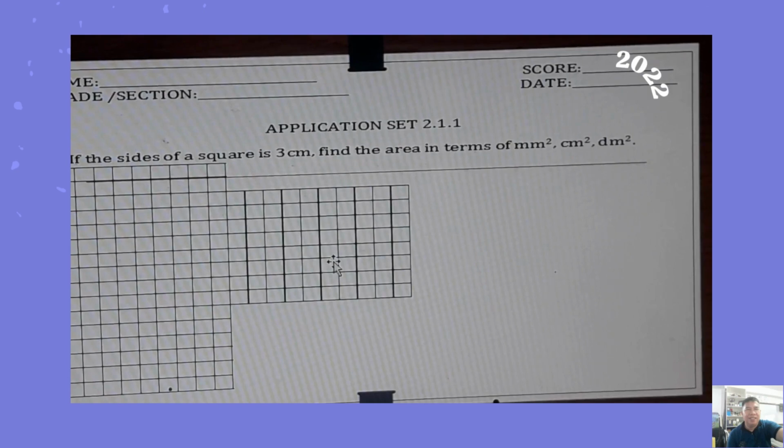If it's 3 by 3, that means you are multiplying 3 times 3, that is equivalent to 9 areas.